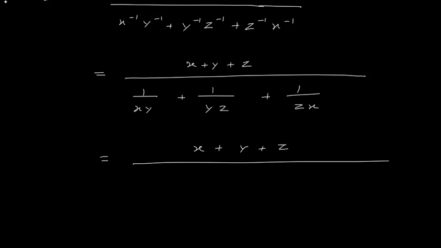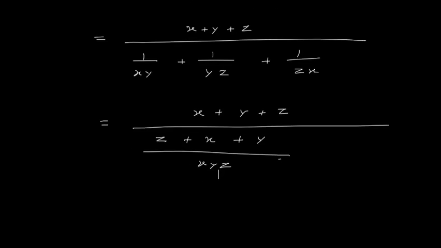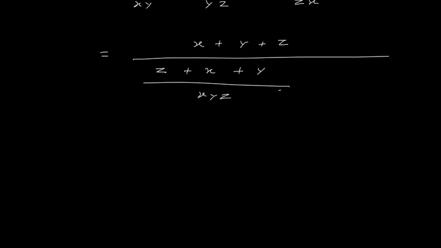In the first term I will multiply by z and divide by z, so this will become z upon xyz. The second term will become x upon xyz and the third term will become y upon xyz. So I will write this as z plus x plus y upon xyz. So one step we have reduced by taking LCM.